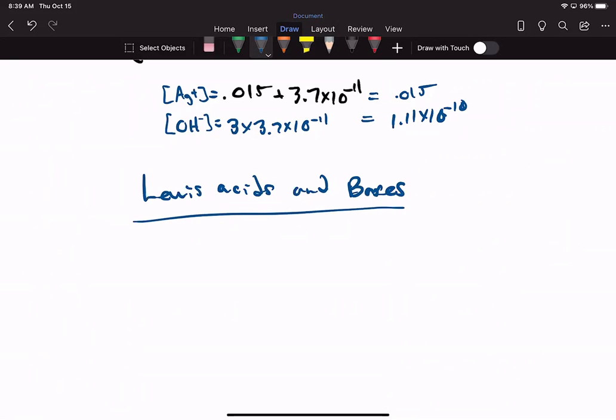So we have a term here that we call coordinate covalent bond. So we know what a covalent bond is. Covalent bond is a non-metal bonded to a non-metal. We understand that as a covalent bond. But here we have what we call a coordinate covalent bond.